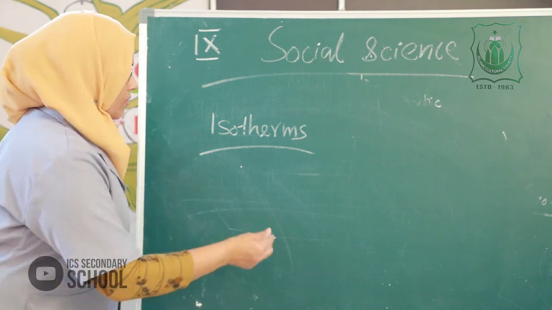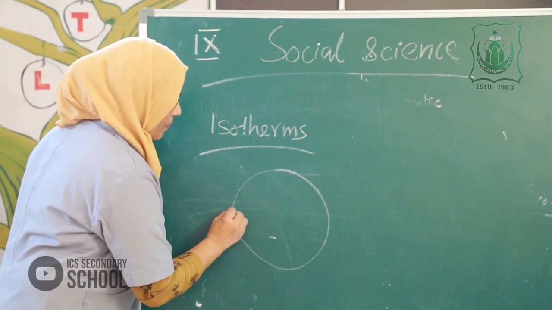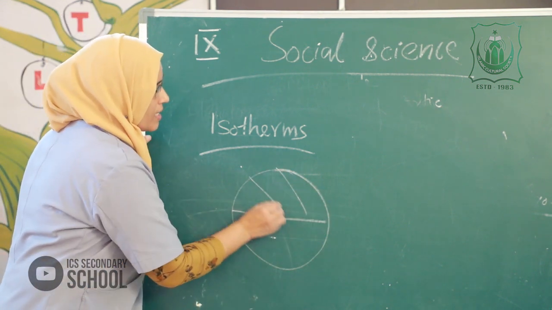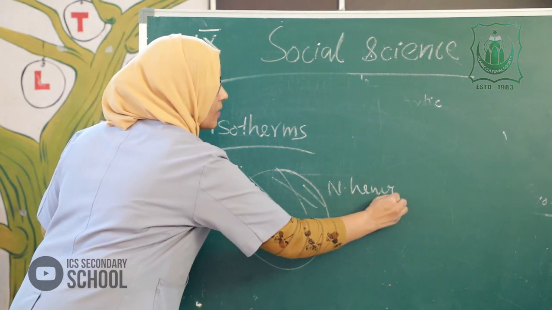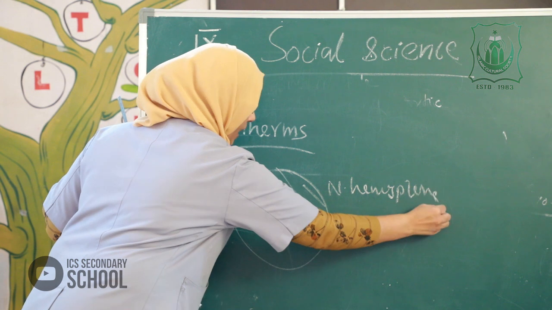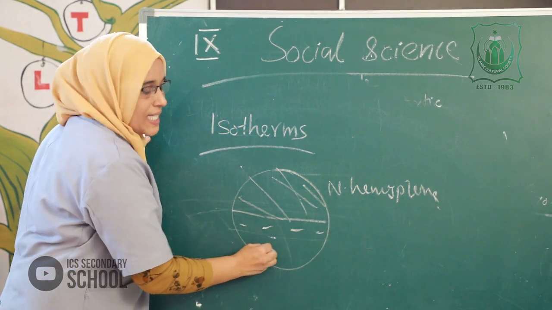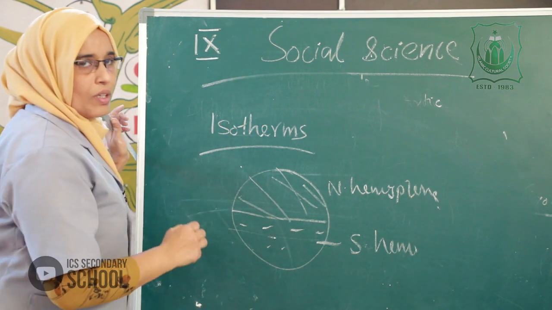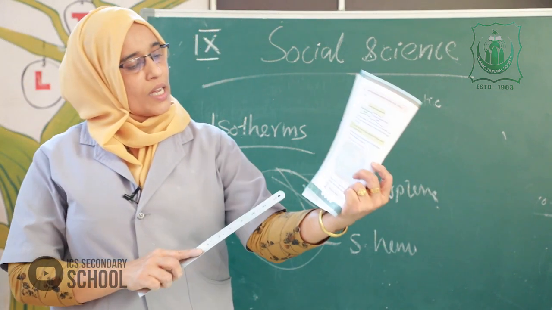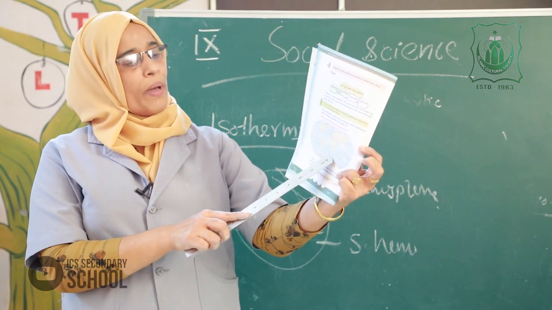Look at the box. This part is the northern hemisphere. Okay. This part is the southern hemisphere. Look at the textbook map.